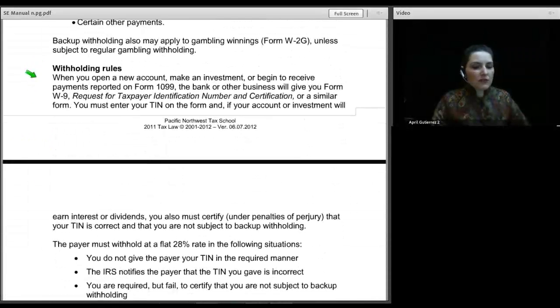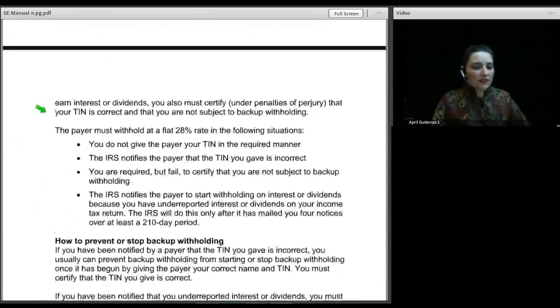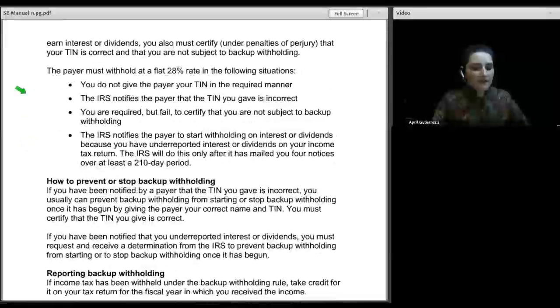Withholding rules. When you open a new account, that is, begin engaging in business with someone, make an investment, or begin to receive payments reported on Form 1099, the bank or other business will give you a Form W-9, and you need to fill it out for them. The payer must withhold at a flat rate of 28% in the following situations. You do not give the payer your TIN in the required manner.